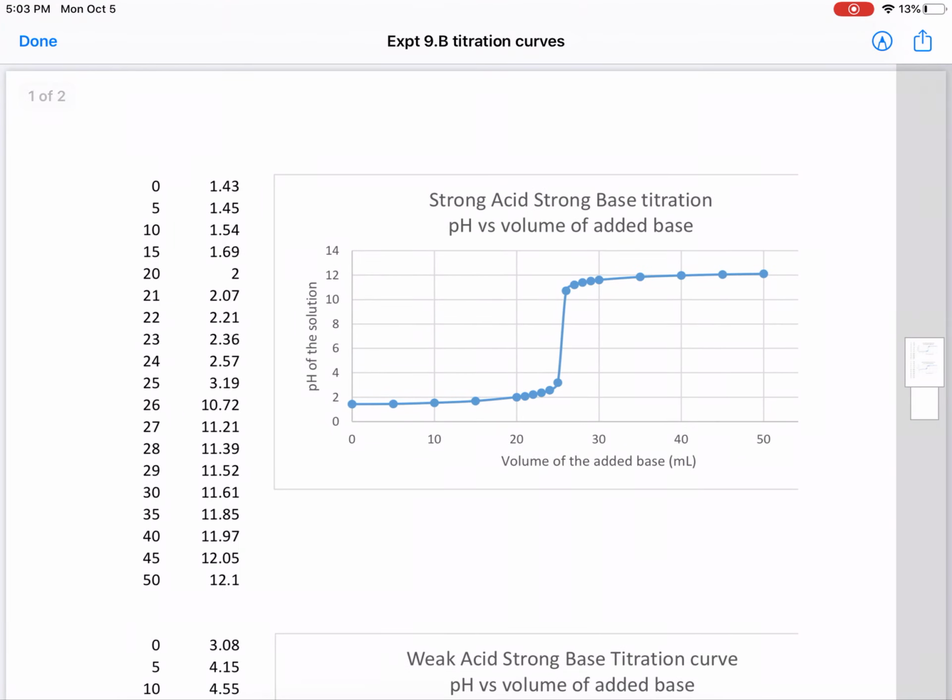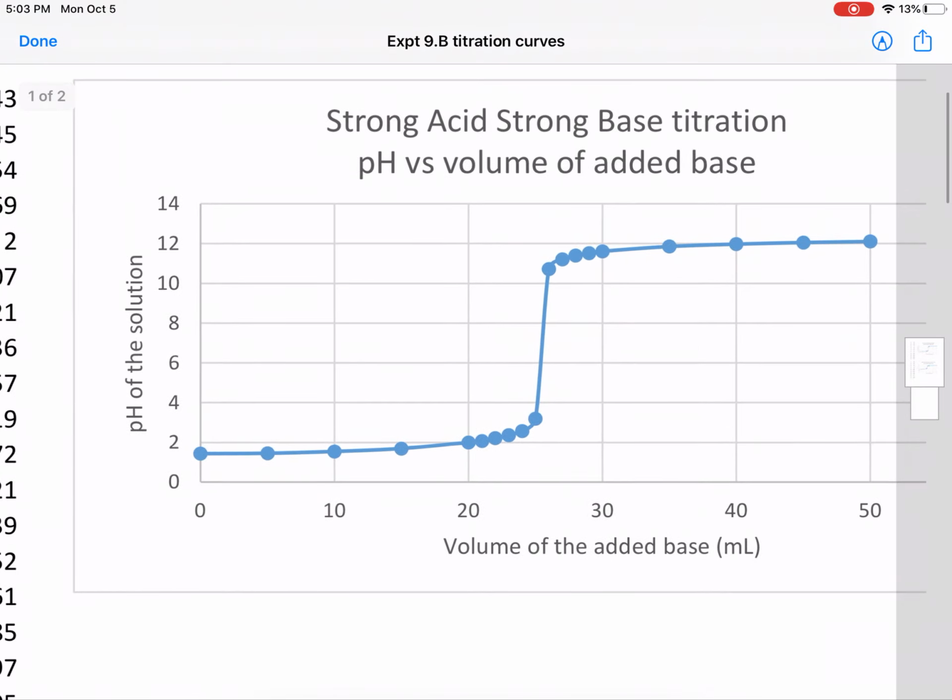Like this. When you draw a graph, you want to make sure that the graph has a title, and also the axes are labeled: volume of the added base in milliliters and the pH of the solution. So your first graph, you will see a graph like that.